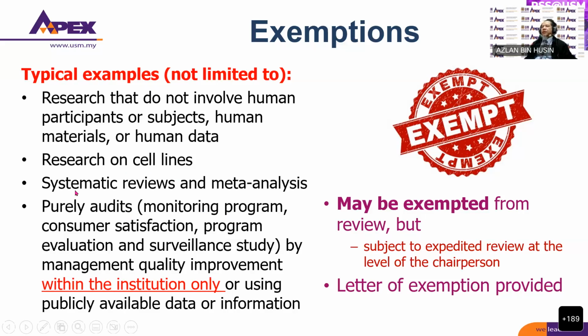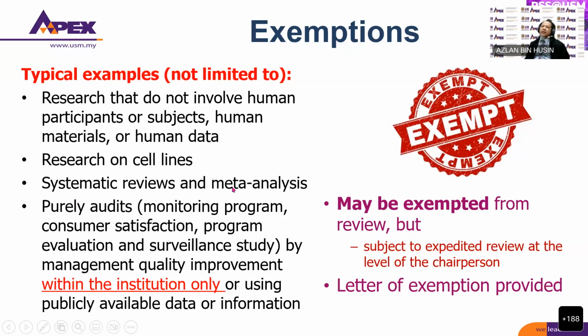And also for systematic reviews and meta-analyses, because they deal with data that is already published, whether they require permission or not is a second issue, from the authorship of the data. But if you do this, review is not required for this kind of research or publication. But as I said earlier, many journals still insist, and my journal editor still insists, that manuscripts of systematic reviews have ethical review board clearance.